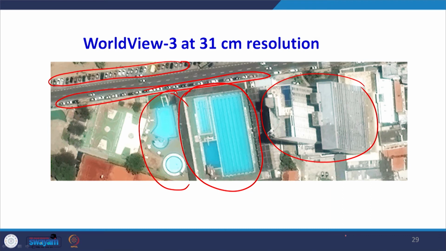But remember one thing, that is the cost associated with it. Higher the resolution, I mean you go for 31 centimeter resolution data, higher will be the cost of the data. So, we have to see that there is a direct relationship between the two. If you want to procure very high resolution data for our study area, you have to shell out a lot of money in order to procure those data.